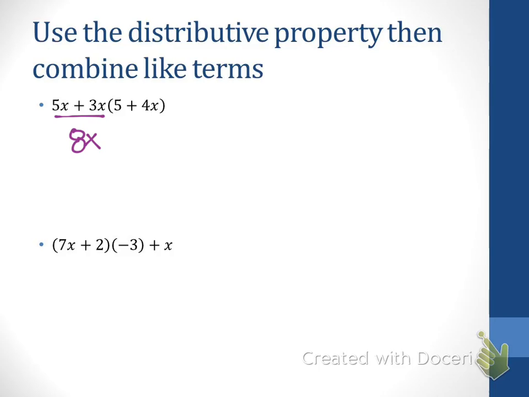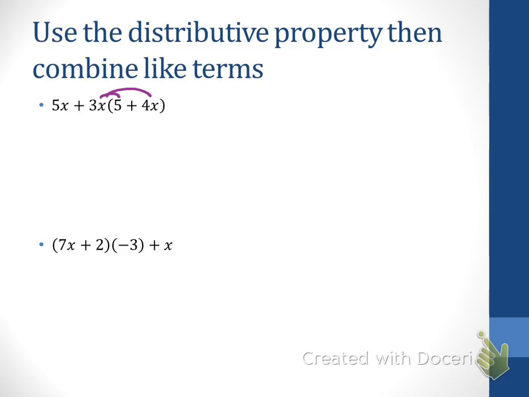Combine like terms. But we cannot do that because you got to think about order of operations. Distributive property is what operation? Multiplication. Combining like terms is what operation? Addition. So does multiplication come before addition? Yes. That's why we have to do distributive property first.